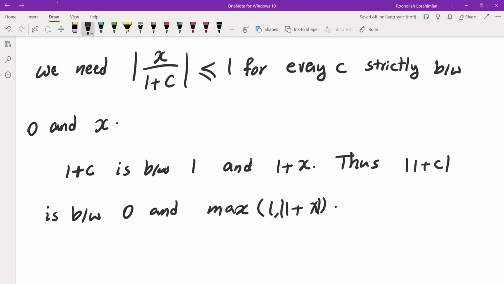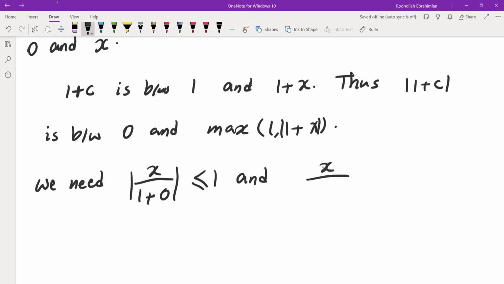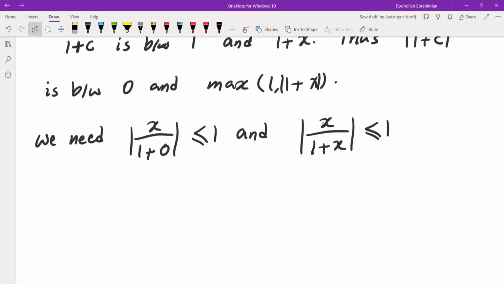So in other words, if you want to find the largest and smallest of the absolute value of 1 plus c, you need to look at the endpoints. So we need x over 1 plus 0 to be less than or equal to 1, and we also need x over 1 plus x to be less than or equal to 1. These are the two things that we need. Let's work on both of them and see what they give us.